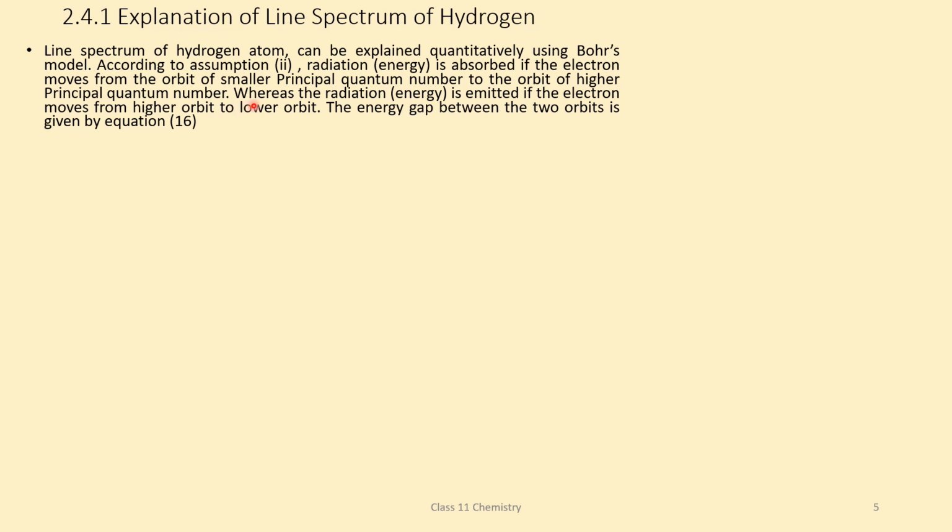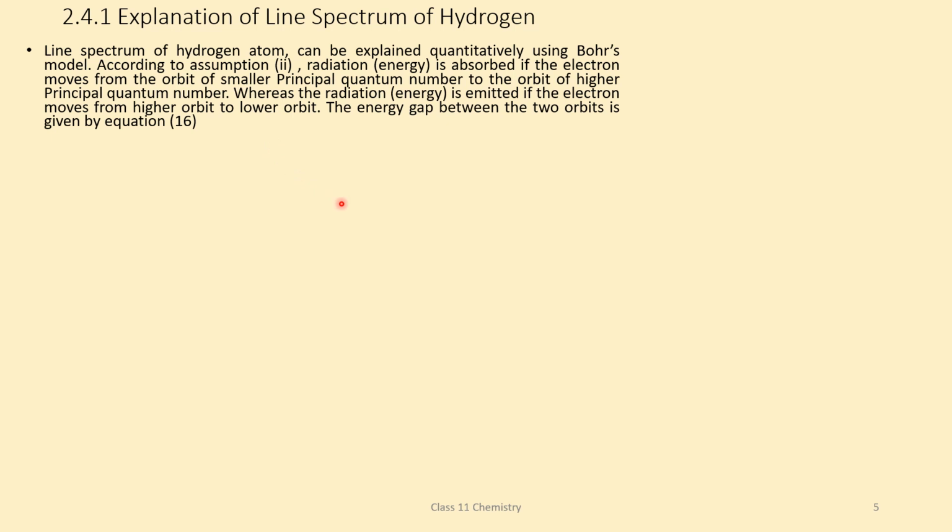In the other case, the radiation or the energy is emitted. Please underline emitted. This happens if the electron moves from a higher orbit, that is, from orbit number 2 to lower orbit number 1.